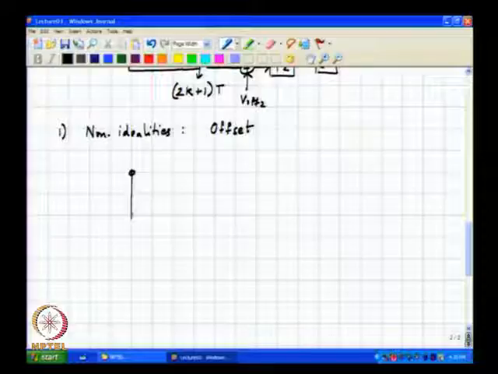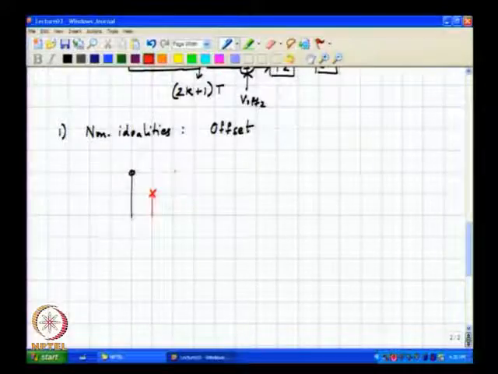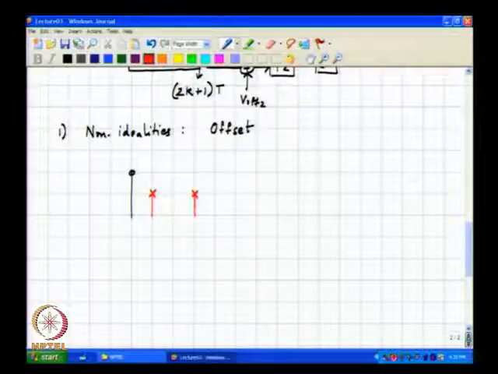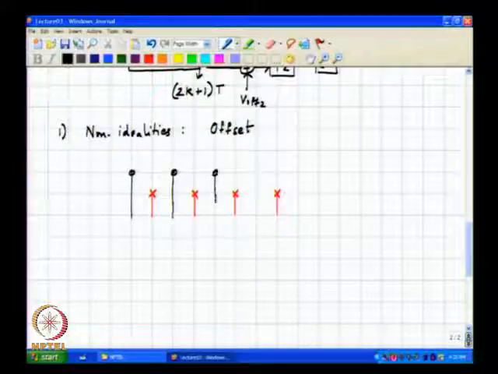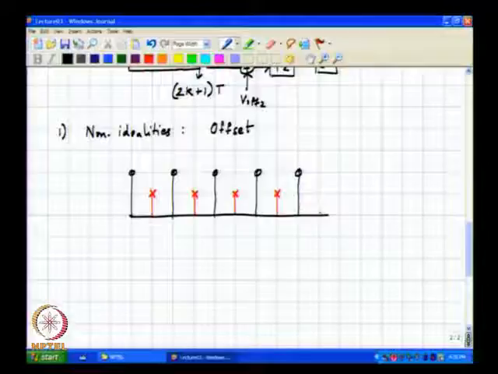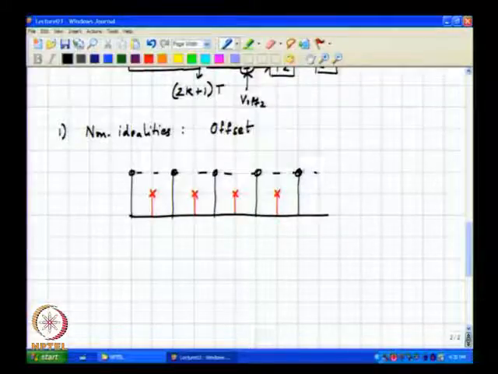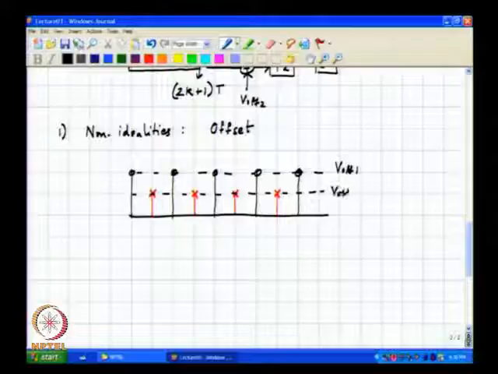But for this special simple sequence, we should be able to look at it and say, this is one channel's offset, V offset 1, and this is the other channel's offset, V offset 2. Is this clear?